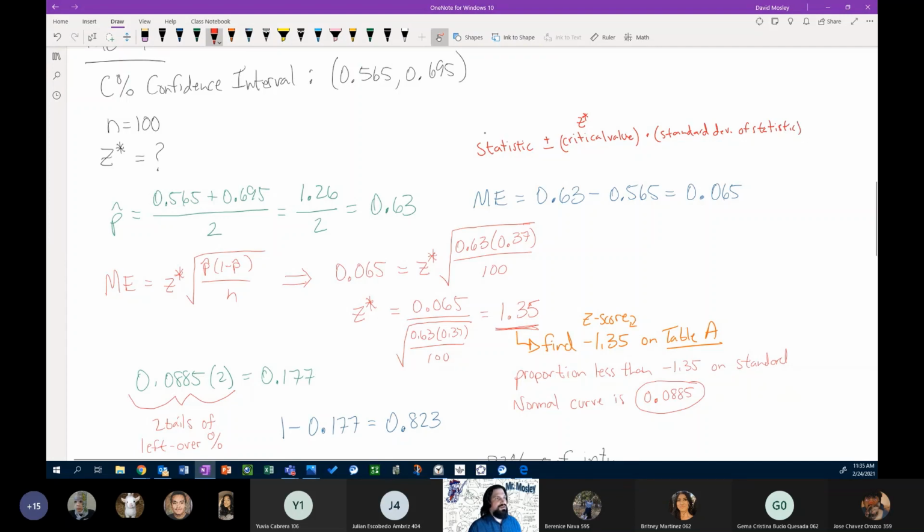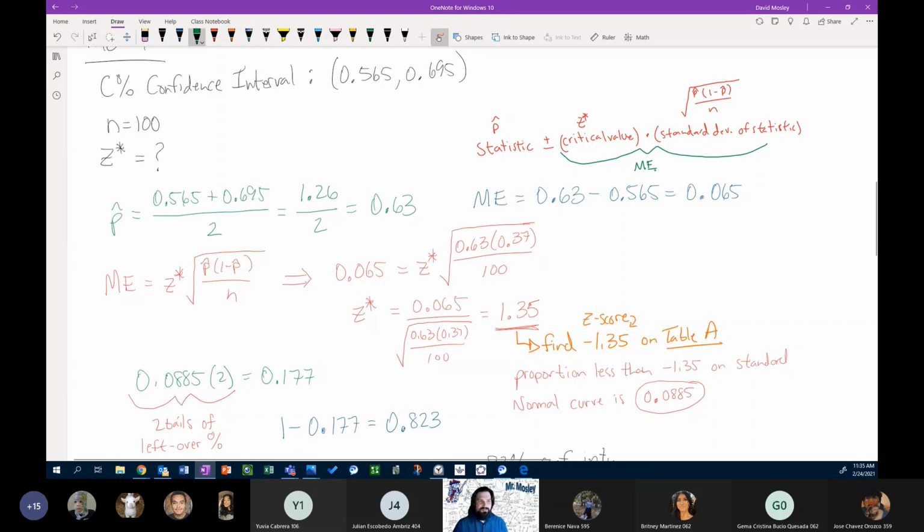So our statistic p hat plus or minus Z star times the standard error. This whole thing to the right of my plus or minus represents the margin of error.